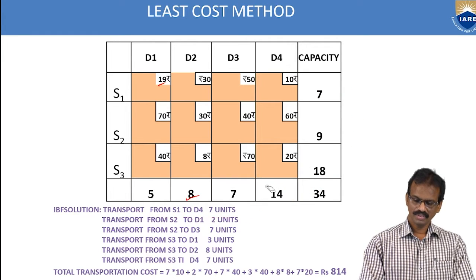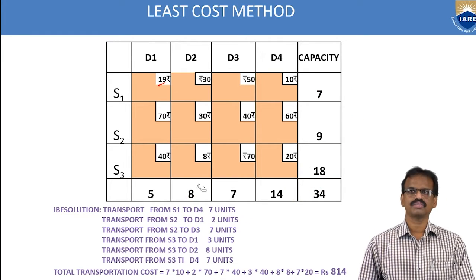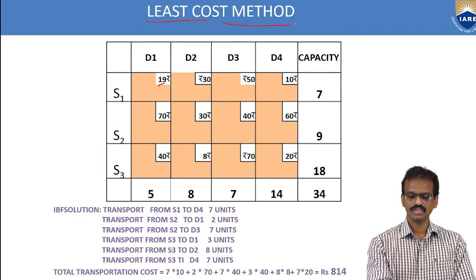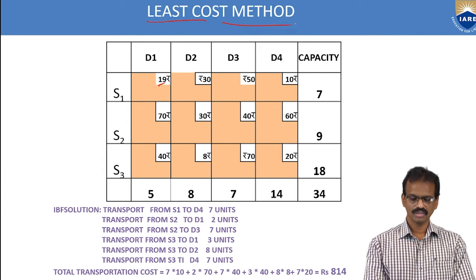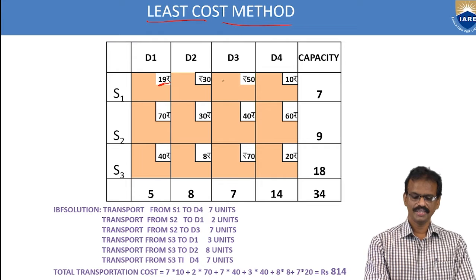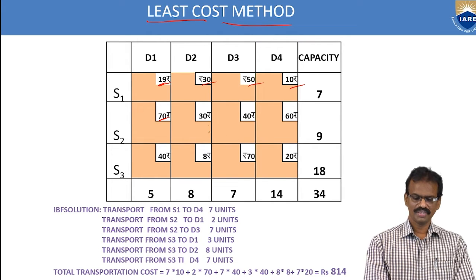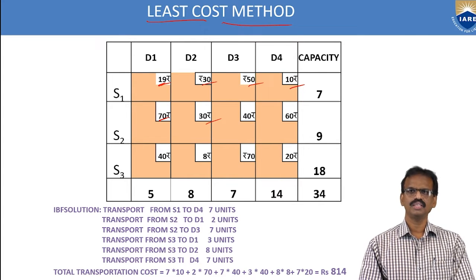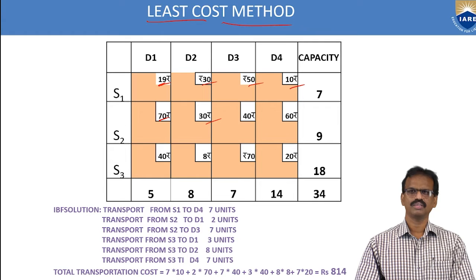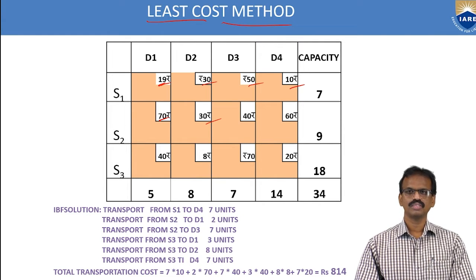As the name suggests, least cost. These are the costs: 19 rupees, 30 rupees, 50 rupees, 10 rupees, 70 rupees, 30 rupees and 40, the shipping cost of each unit from the source to destination.